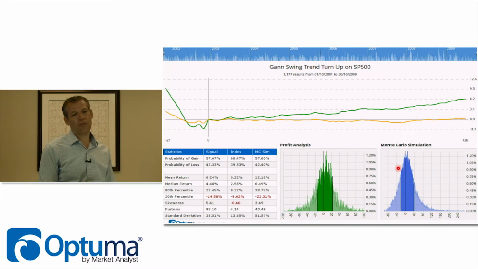And so that's where we get the Monte Carlo there. So not a bad result there, good return. Reward to risk, not fantastic, 3 to 2, something like that. But nevertheless, you can see those results. So not too bad, just using a very simple Gann-based rule there.